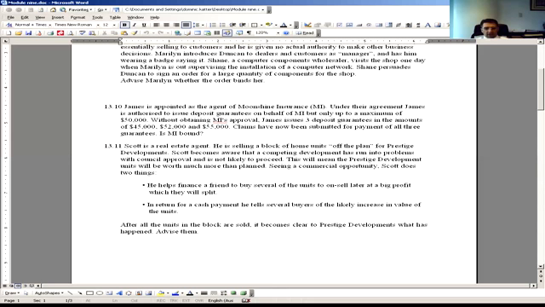He helps finance a friend to buy several of the units to on-sell later at a big profit, which they will split. In return for a cash payment, he tells several buyers of the likely increase in value of the units. After all the units in the block are sold, it becomes clear to Prestige Developments what has happened. Advise them.